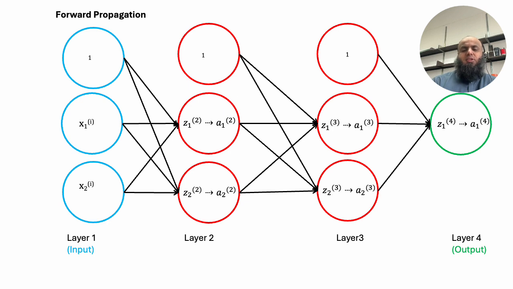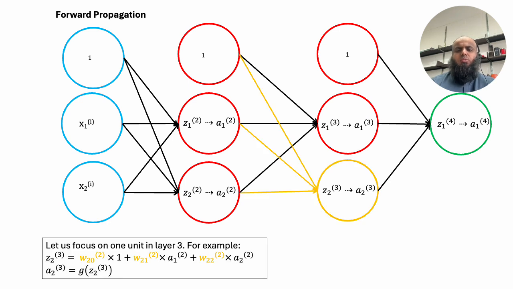Similarly, in the next layer we have Z1 superscript 3, the weighted sum in this unit, and the activation value computed by applying the activation function on this weighted sum. Finally we have the output unit, with weighted sum Z1 superscript 4 and activation value A1 superscript 4.